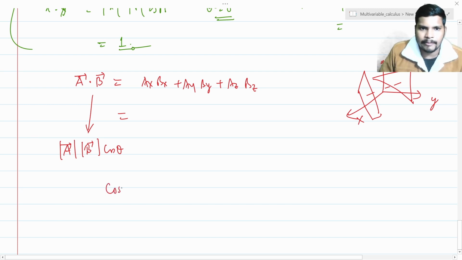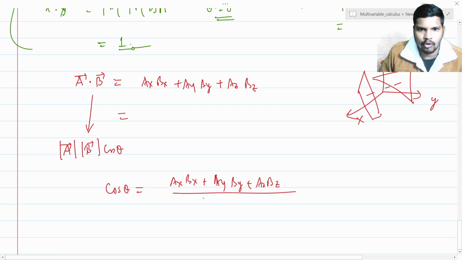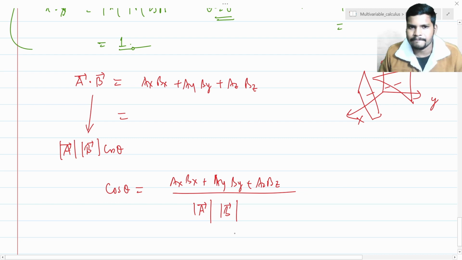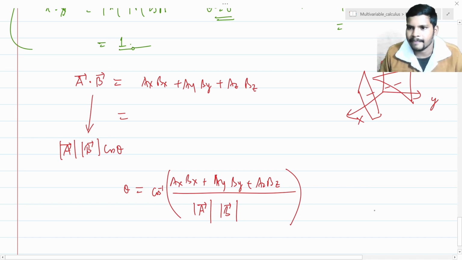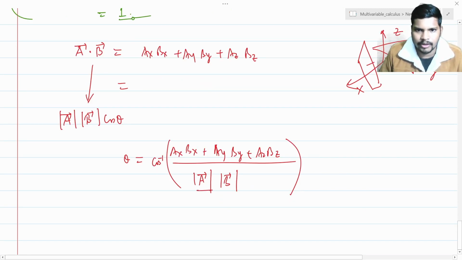In order to find the angle, cos theta would become (ax bx plus ay by plus az bz) over the magnitudes of a and b. And in order to find the angle, you can just take cos inverse and then you are good to go. If you are wondering what the magnitude of a is, it is just the component squares: ax square, ay square and simply az square.